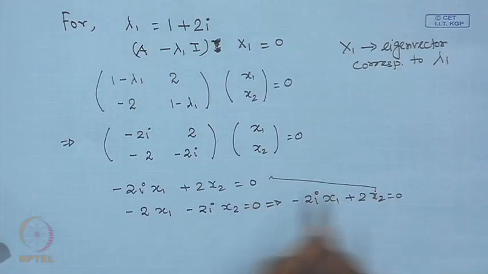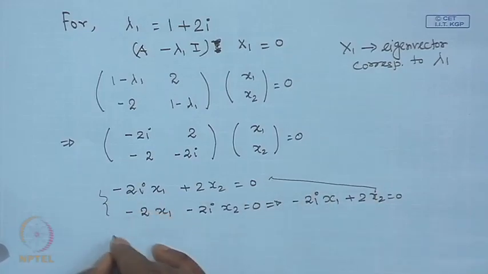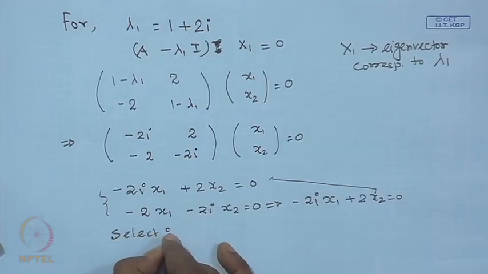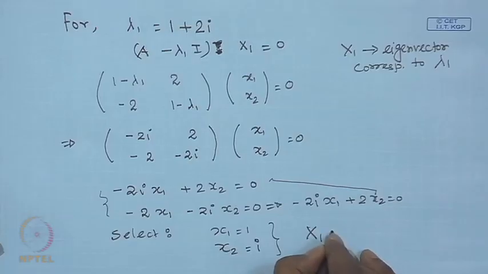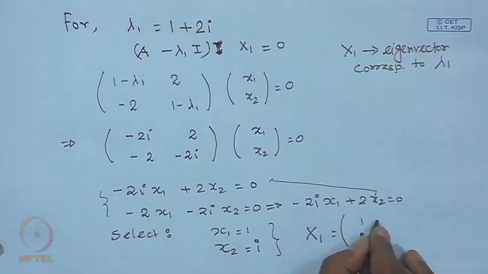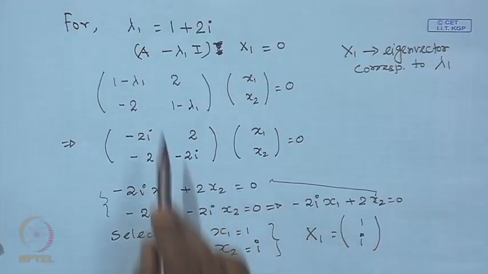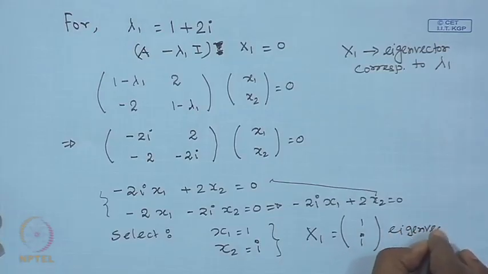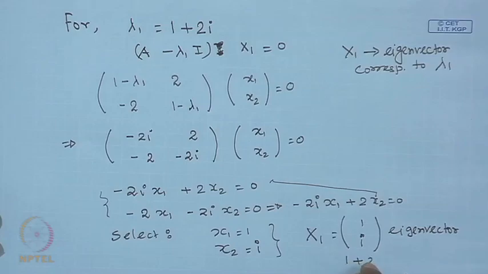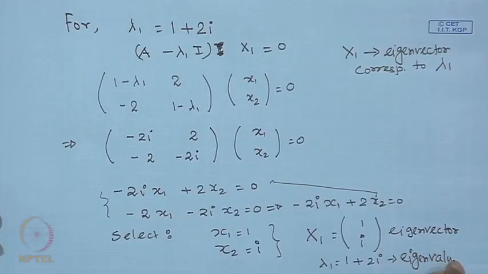So, these two equations are identical, and therefore, if we select x 1 is equal to 1, then x 2 will be I. So, therefore, x 1 is (1, I), the eigenvector corresponding to eigenvalue lambda 1 is equal to 1 plus 2 I.